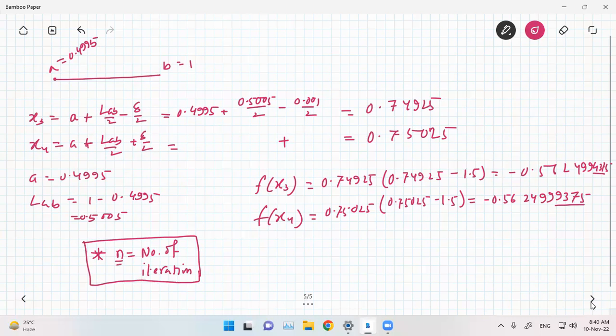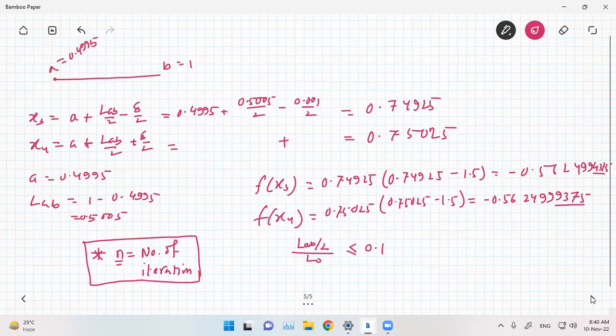So that many iterations we have to go, or in each step we have to check the accuracy condition, which is basically 1 by LAB by 2 divided by L0 has to be less than 10%, that is 0.1.